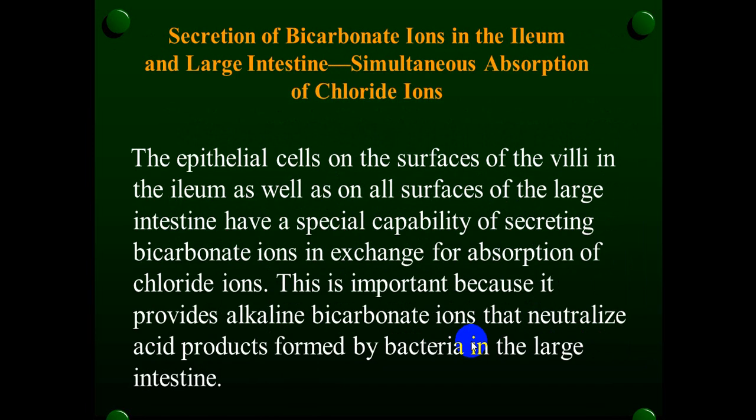We mentioned that bicarb is very important in neutralizing acidity in the small intestine, the initial part of the small intestine, to buffer the high acidity coming from the stomach. In the large intestine, it helps to neutralize the acidity coming from the bacteria.